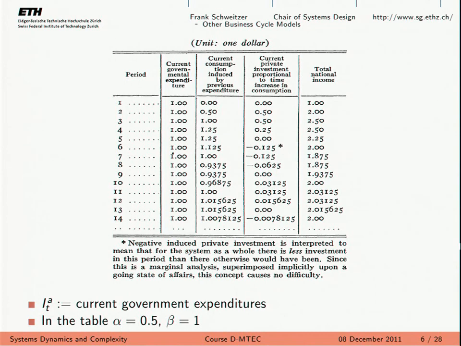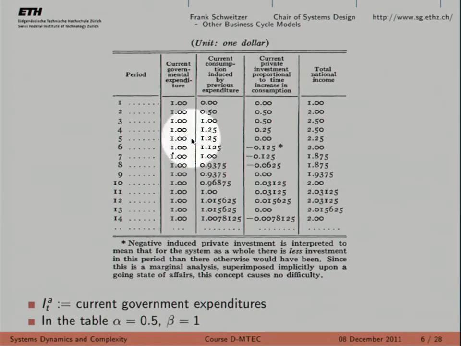And yeah, so this bullet point basically explains this interplay. Samuelson just made a simple calculation, so he did not go through computer simulations, bifurcation diagrams. He just made this simple table. So here we have the current government expenditure. Well, that is the autonomous part. Right? So here is the assumption that the government is providing something at each time step. So in the beginning, there is no consumption because there is no output. There is no investment because there is no differential in consumption.